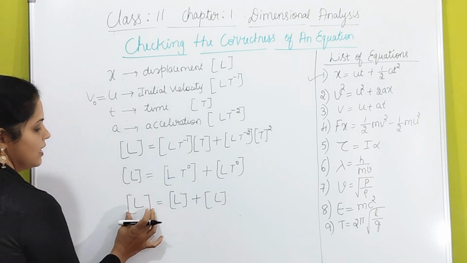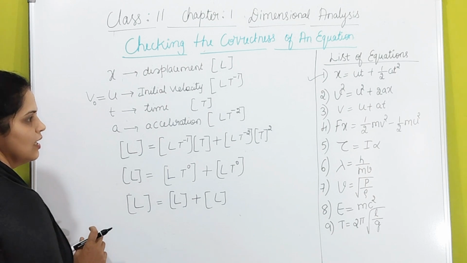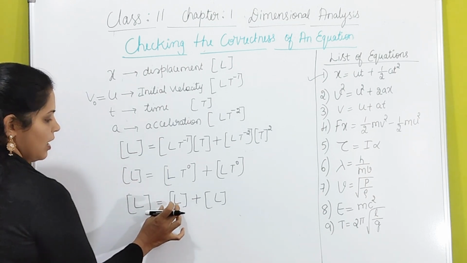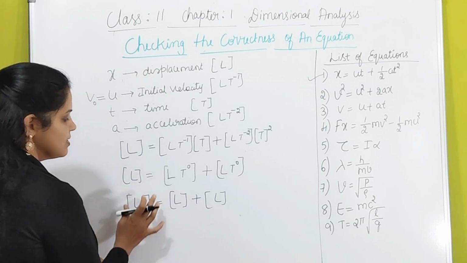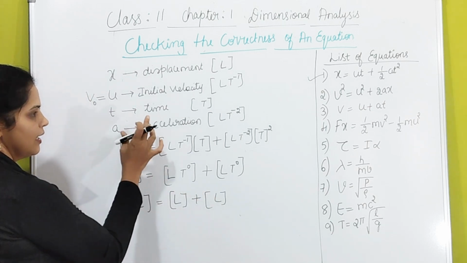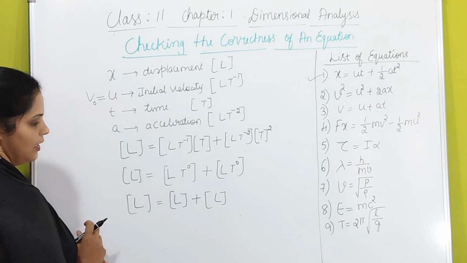Now look here. Each term has the same dimension. According to the principle of homogeneity, each term occurring in the equation has the same dimension. If it has the same dimension, then the given equation is dimensionally correct.